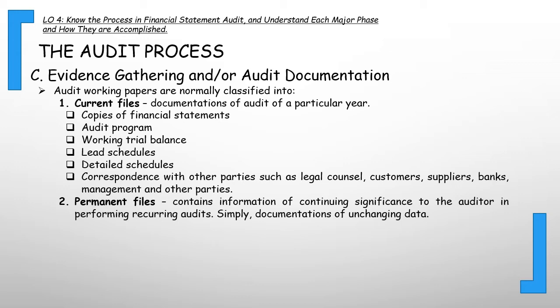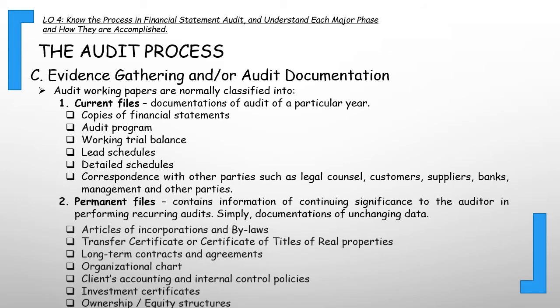So ano naman yung nasa permanent files? Yung permanent files, ito yung nakalagay yung mga information of continuing significance to the auditor normally in performing recurring audits. Okay? Simply documentations of unchanging data, o yung mga hindi halos nagbabago, or yung pang long term. Okay?